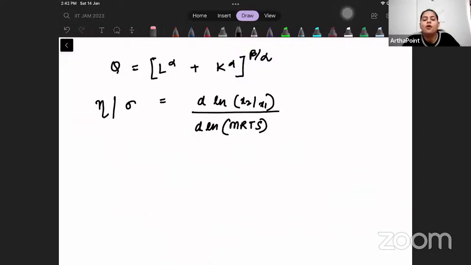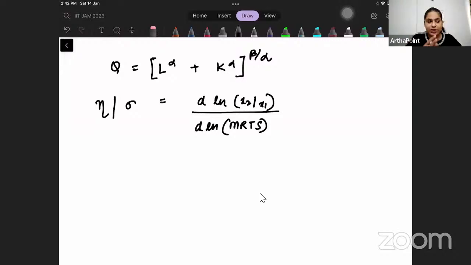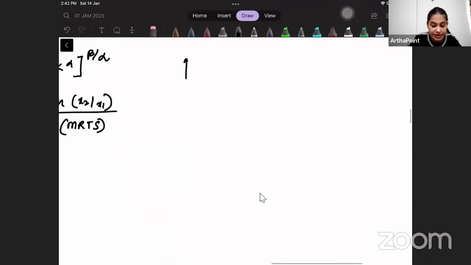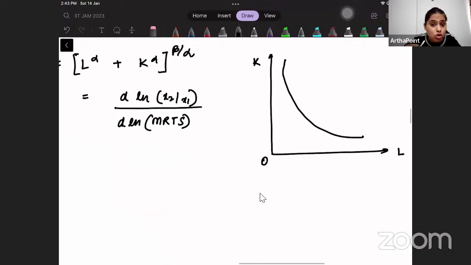For once and for all, I would like to clarify this. Dekho, when we talk about the numerator, then in the numerator you have this. If you are taking labor here and capital here, then the numerator says x2 by x1, which means this by this.